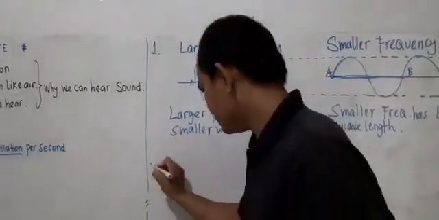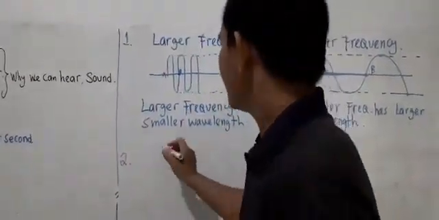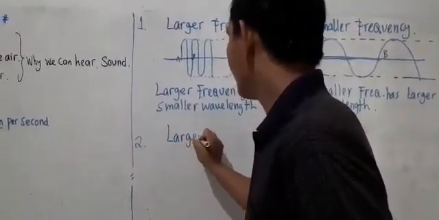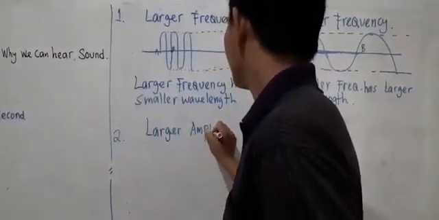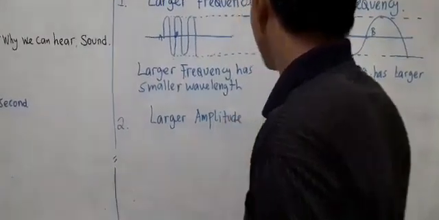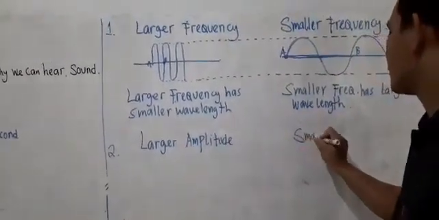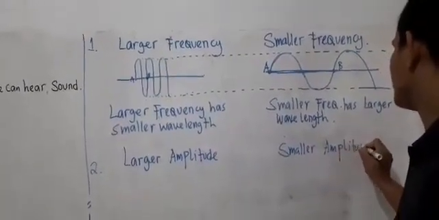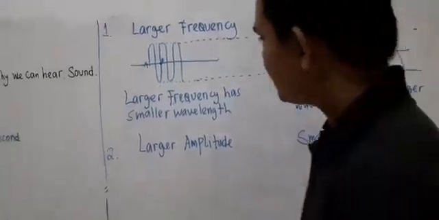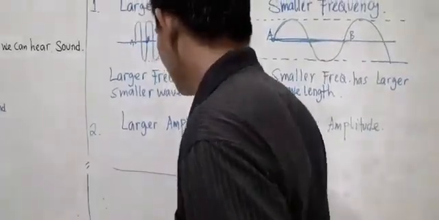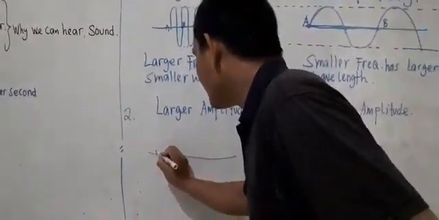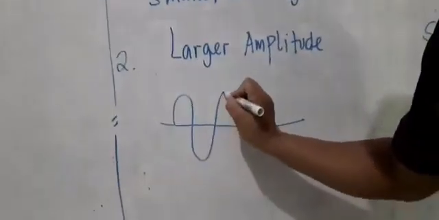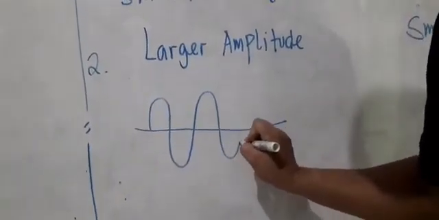Okay, the second. How about the larger amplitude and smaller amplitude? The difference is between the highest point of the wave.